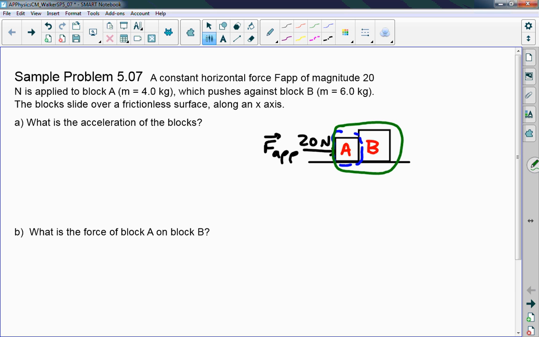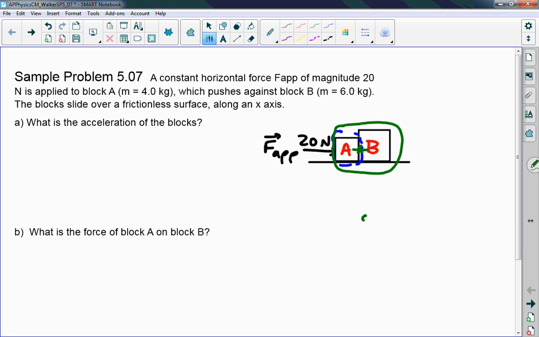But when you consider the two blocks together, then the force of block B on block A and the force of block A pushing on block B become internal forces that don't affect the acceleration of the system. They are literally internal, inside the green circle here.